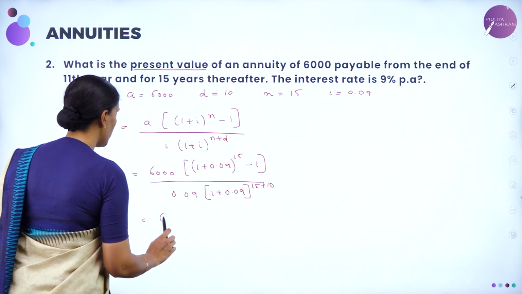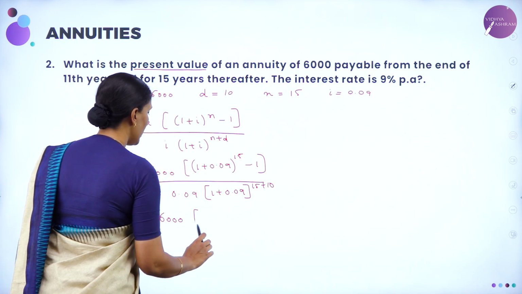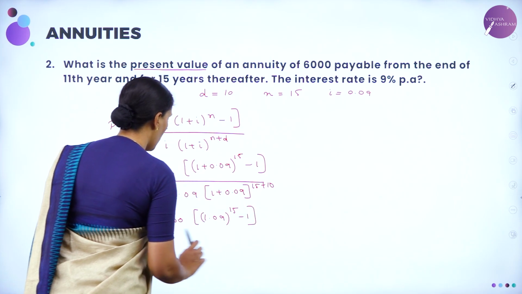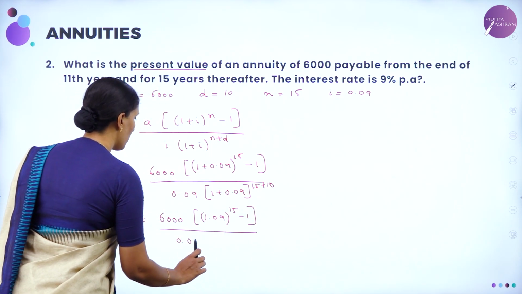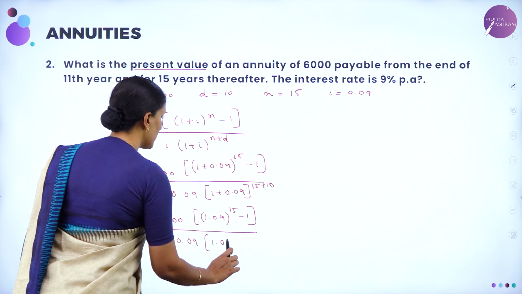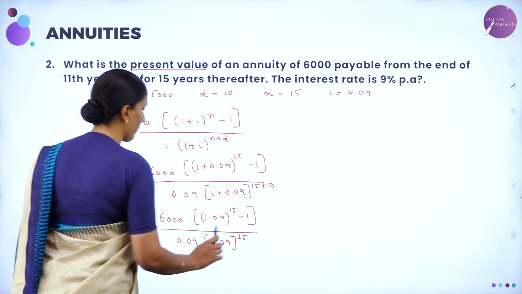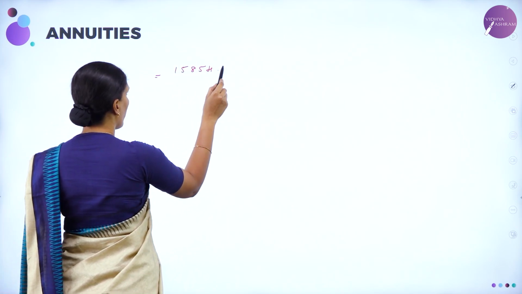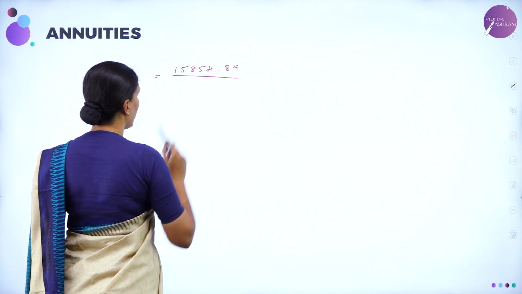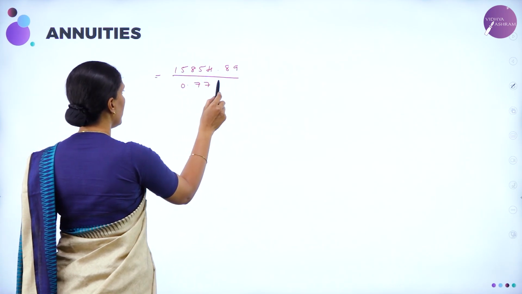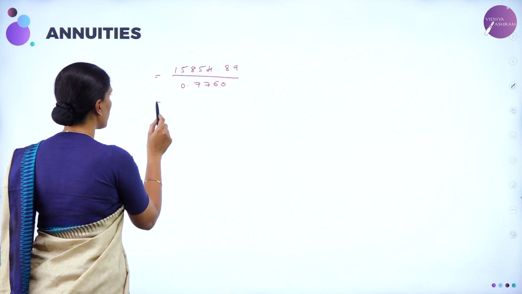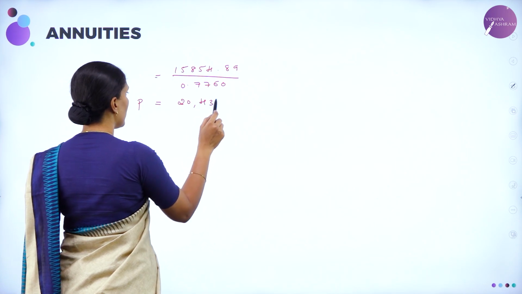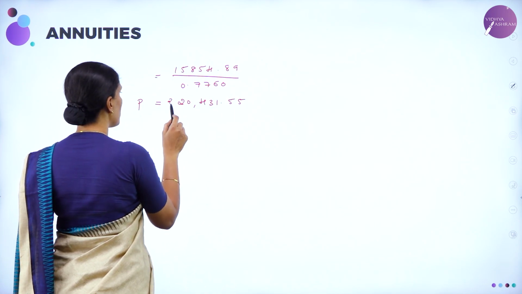Now this is equal to 6,000 into 1.09 whole to the power 15 minus 1 whole divided by 0.09 into 1.09 whole to the power 25. So this is equal to 15,854.89 whole divided by 0.7760. Now dividing these two numbers, the present value will be equal to 20,431.55 in terms of rupees.